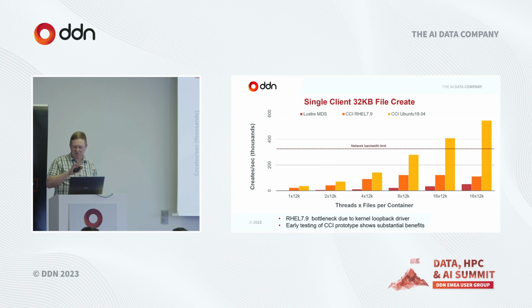The orange was giving us a good improvement, but then we found out that there was a bottleneck on the particular Linux kernel that we were running. And so the yellow bars are a newer Linux kernel, and we saw a much more significant improvement. So up until the cache limit, at least, we can actually do aggregate data that's faster than what the network can do, because we're caching a large amount of data and then pushing it asynchronously out into the background.